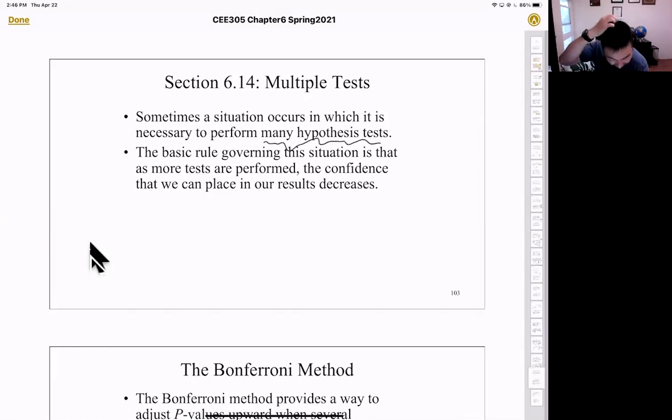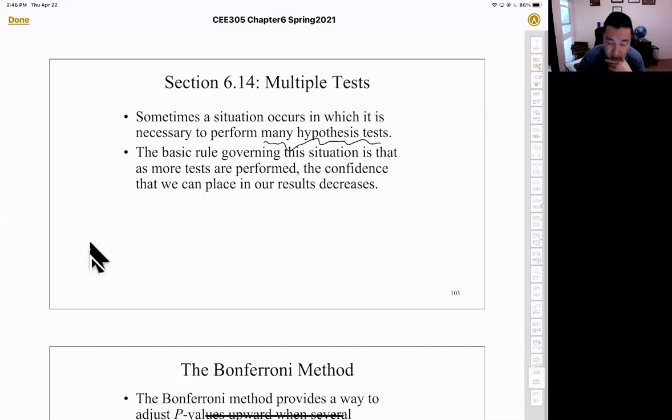If more tests are performed, then the confidence that we can place in our result will decrease. For example, remember for a hypothesis test, if the p-value is calculated to be less than 5%, then we reject H0 and we conclude H1 is true.